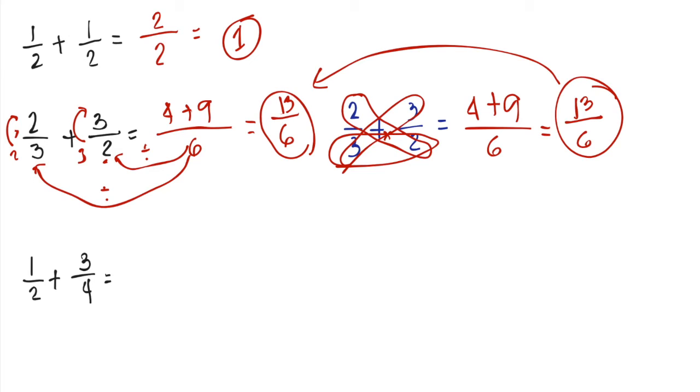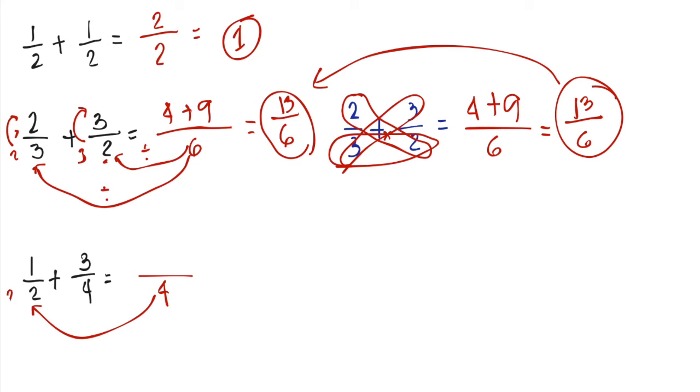Now let's move on to our last problem. We have here 1/2 plus 3/4. Using the long method, we will find the LCD because their denominators are different. So the LCD of 2 and 4 is 4. So we are going to write it as our denominator, and then divide 4 by 2.